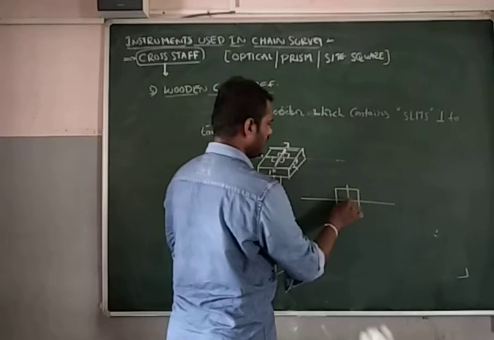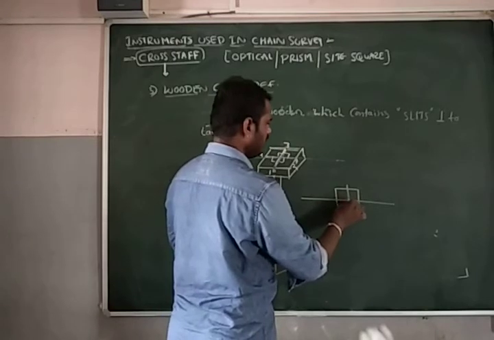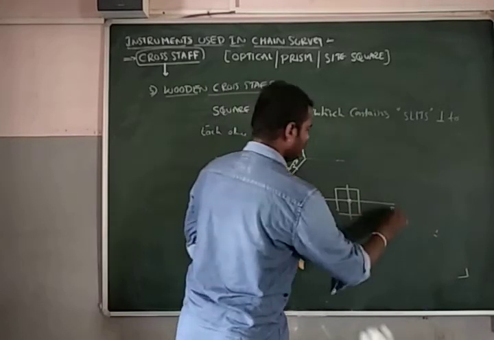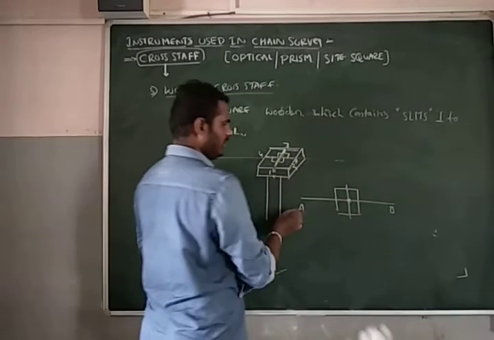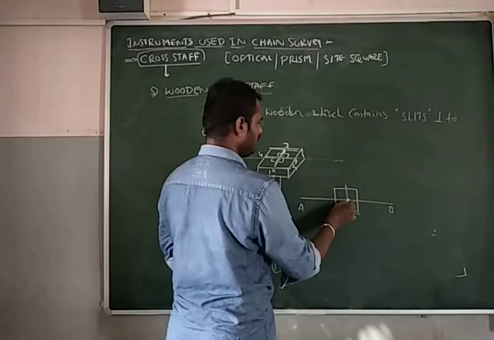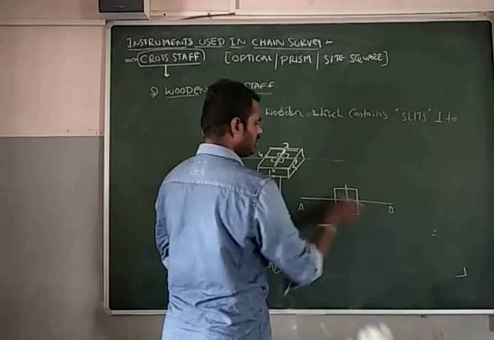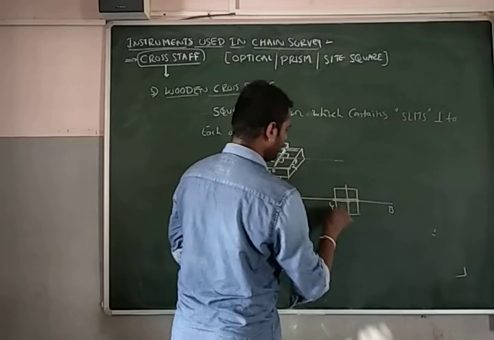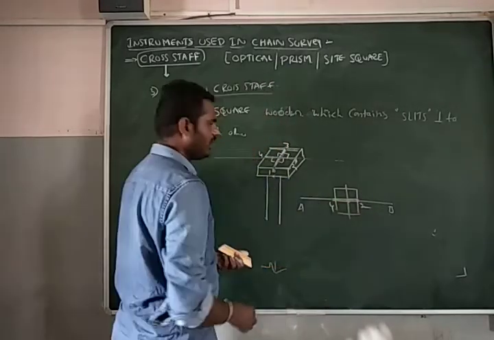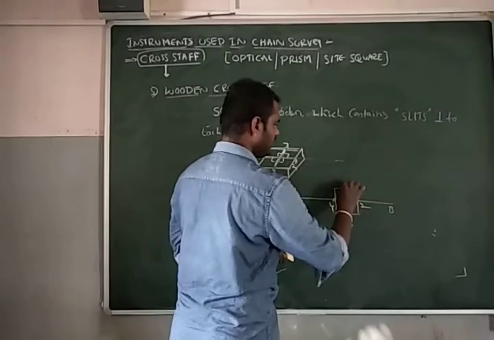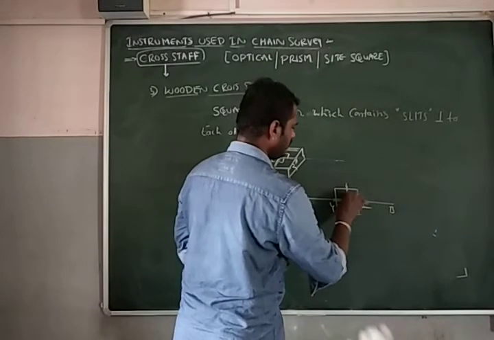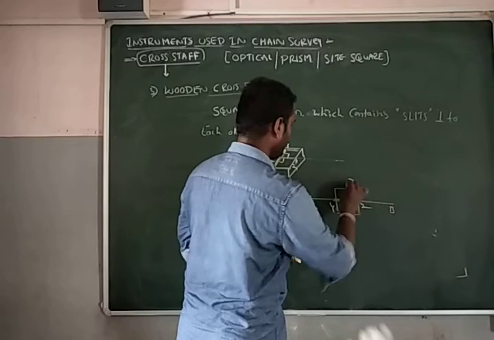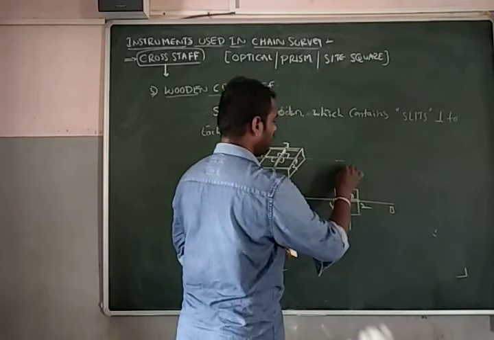Wherever you want to take, mount your cross staff there, and first ensure that A, B and the center of your cross staff should be in the same line. So by using this particular slit, let us take this slit is some phase 4 and 2. Now the remaining slit is perpendicular to 4 and 2. Therefore on the line of slit 1, 3, you can erect a perpendicular wherever you want.